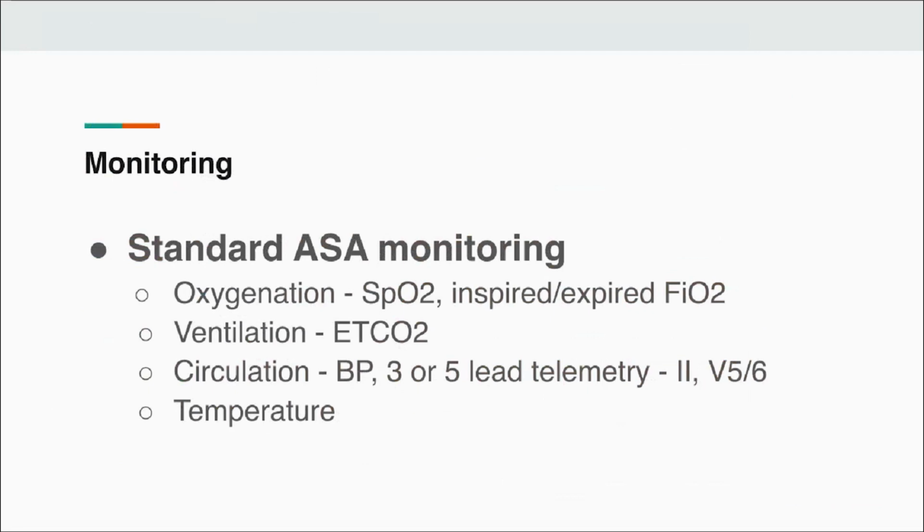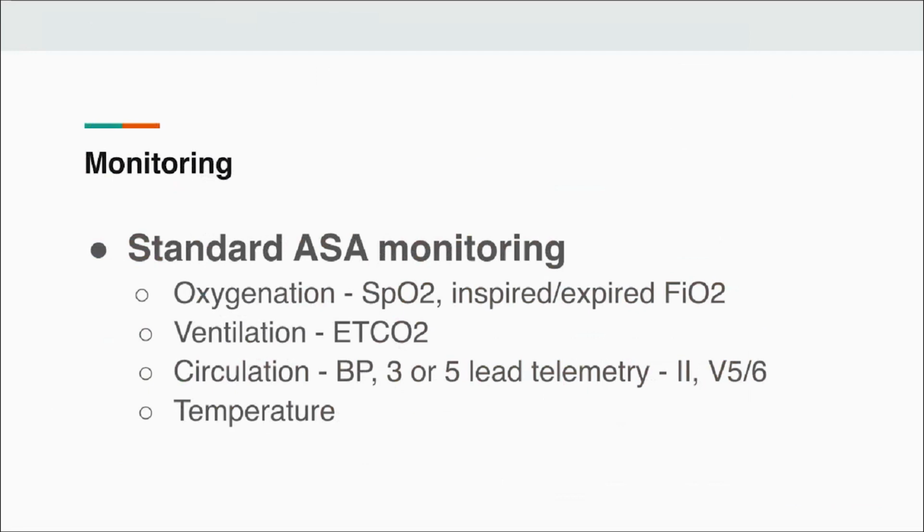The third thing is circulation, and that's measured with blood pressure. In simple forms, it's a non-invasive blood pressure cuff, all the way up to invasive blood pressure monitoring, and either 3 or 5 lead telemetry. And typically the 5 lead will include on the monitor lead 2 and lead V5 or 6.